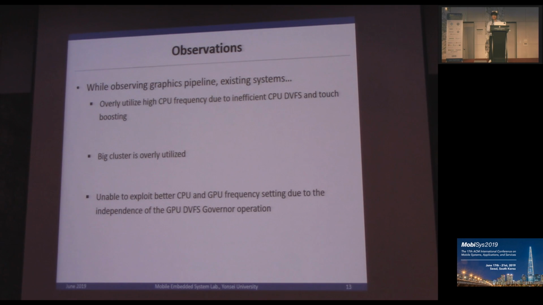And third, due to the independence of the GPU DVFS governor, the existing system is inefficient in CPU and GPU frequency setting. So, we propose solutions corresponding to each problem: VSync-aware CPU max capping, graphics clustering, and GPU min capping.